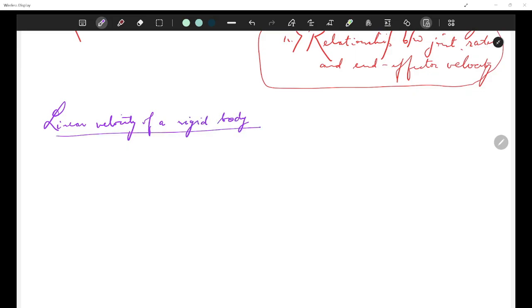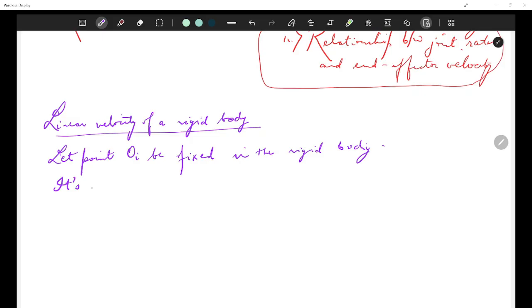Okay, so it is absolute basic. So let point OI be fixed in the rigid body. So what would be the position vector?